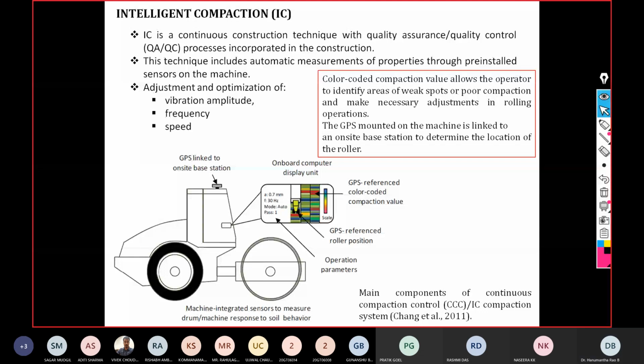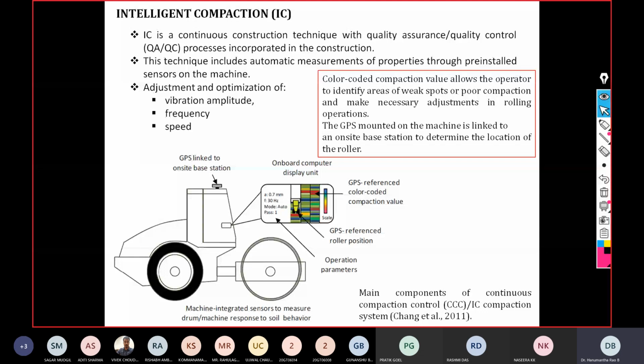The colors indicate density, that is, compaction. If it is a uniform color, it indicates that it is uniformly compacted. If the colors are different, then it indicates that there is a non-uniformity. From this non-uniformity, one can find out whether the soil is loosely compacted or densely compacted. Suppose we found that the soil is loosely compacted, then only that particular location can be recompacted until we achieve the desired density. So that is intelligent compaction.